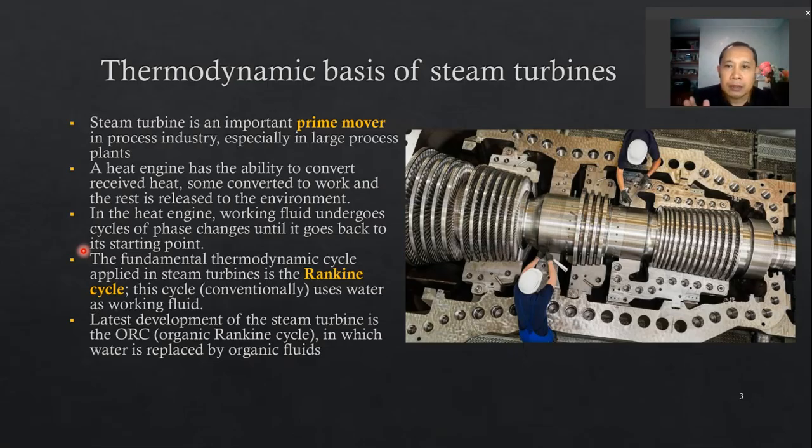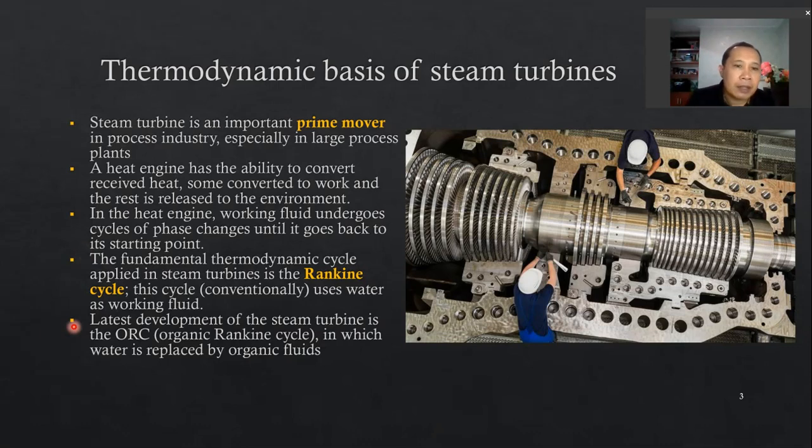Now, to be exact, the Rankine cycle not only involves the steam turbine itself, but also the steam boiler. Okay, so when you hear the word Rankine cycle, you should immediately imagine that it involves not only the steam turbine but also the boiler. Of course, the typical working fluid for Rankine cycle is water.